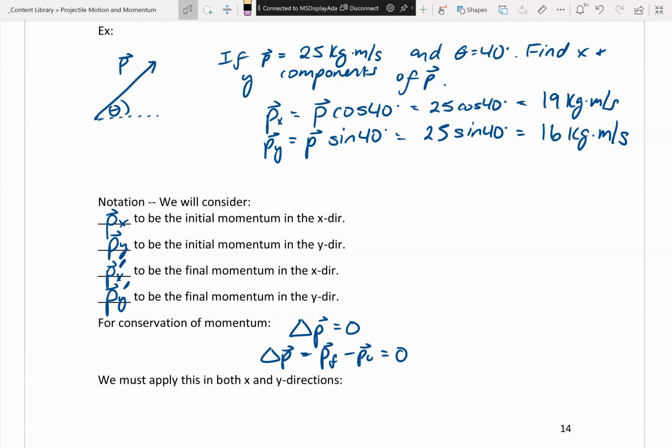So if we want to apply this in the x direction and the y direction, this is the x direction. Delta Px is the final Px, which we indicate as a prime, minus the initial Px.